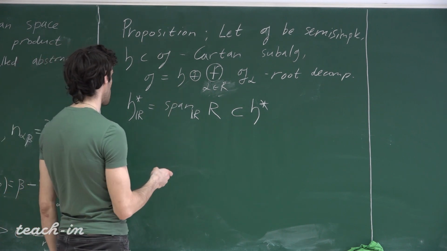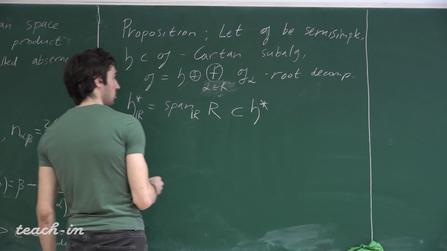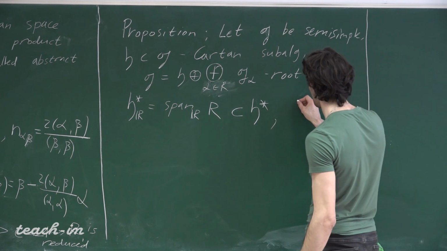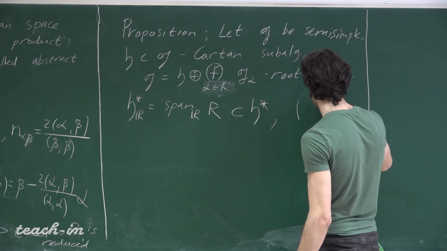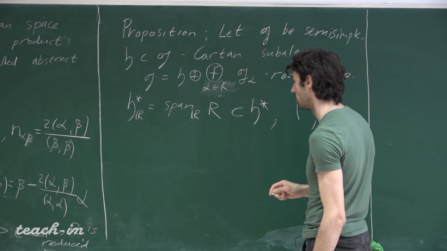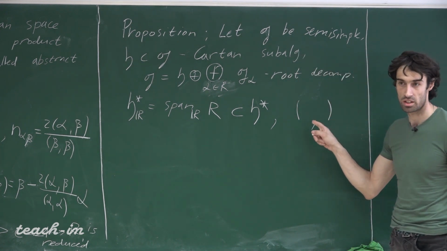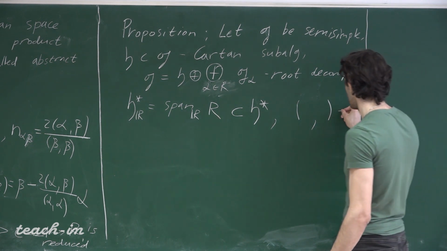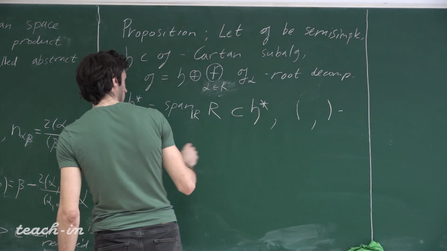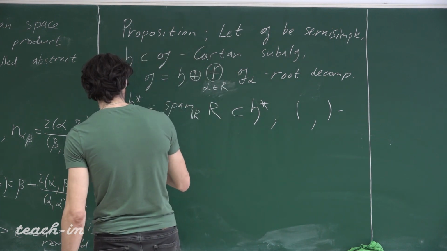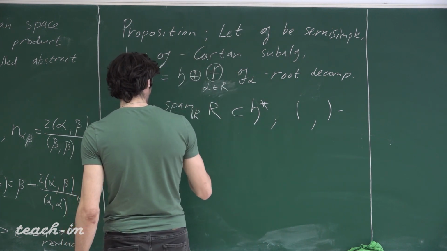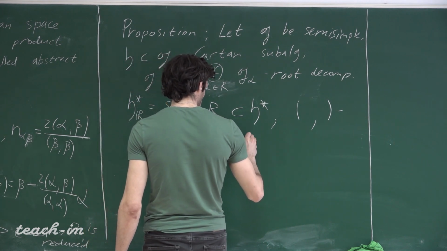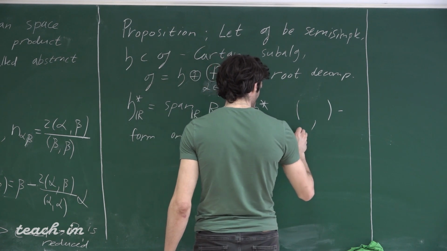So we introduced all the stuff, and the final thing that we would like to consider is a form on H star, which is given by the Killing form on H. So, a form on H star induced by the Killing form.